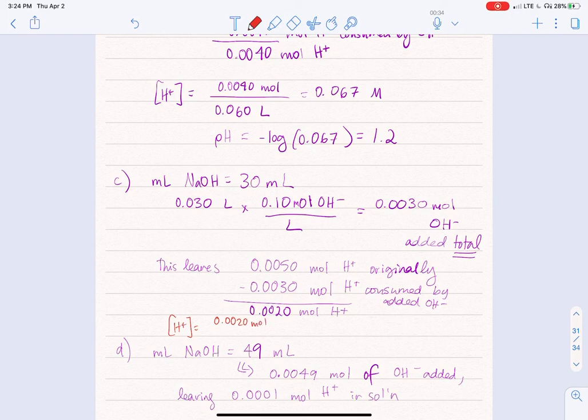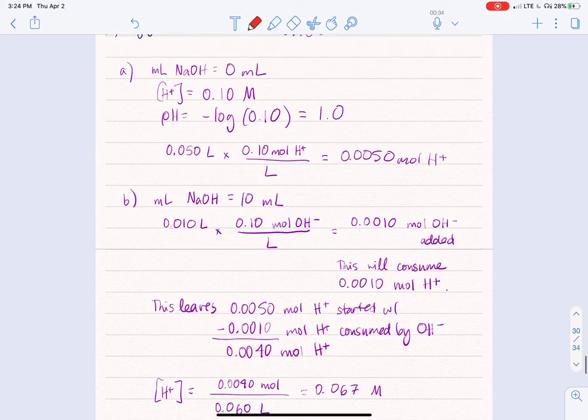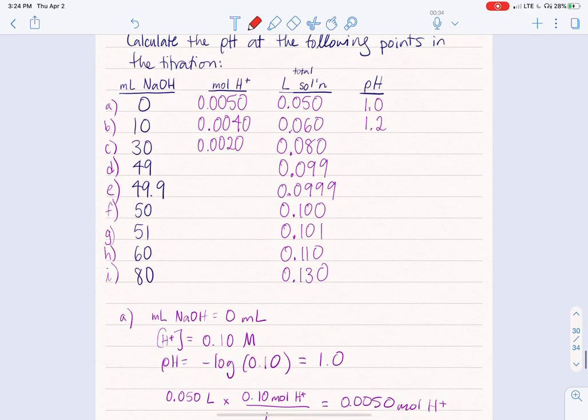So this is the number of moles, and it's 80 milliliters, so I need that in liters. Taking the negative log of that will give me a value of 1.6 for the pH. So you can see that the pH is slowly going up. It's still acidic, because I still have strong acid, but it's less acidic than it was before.